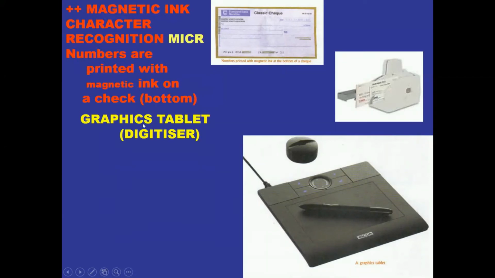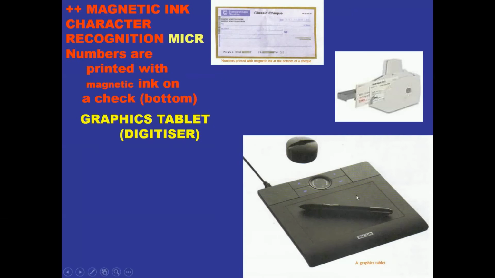We now get to the graphics tablet, otherwise known as the digitizer. It's connected to your computer. It's got a stylus, which is a pen type input device, and it has buttons that you can select functions on. So you take the pen. Once it's connected, it's installed on your computer so you can interact with your computer.